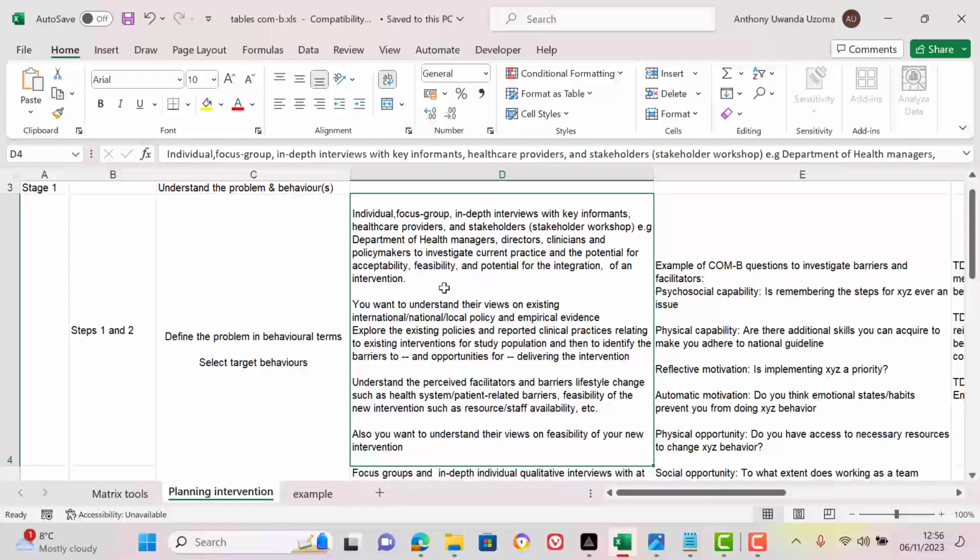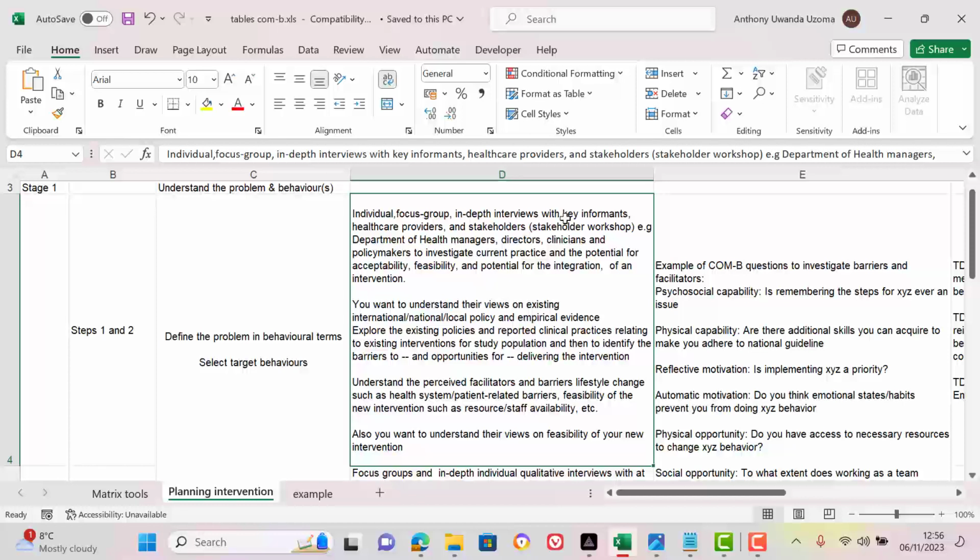And how do you do that? By organizing focus groups and in-depth interviews with key informants. Depending on your type of research, these key informants can include healthcare providers. You can also organize a stakeholder workshop where you invite the leaders of the Ministry of Health, directors of hospitals, clinicians, and policy makers in different areas, so that you know the current practice.